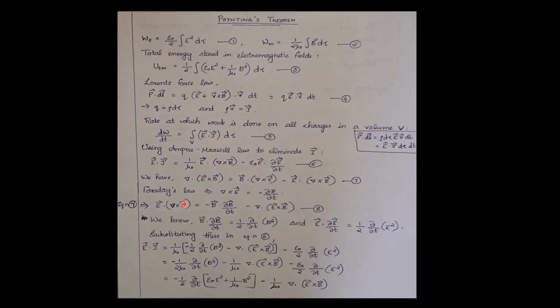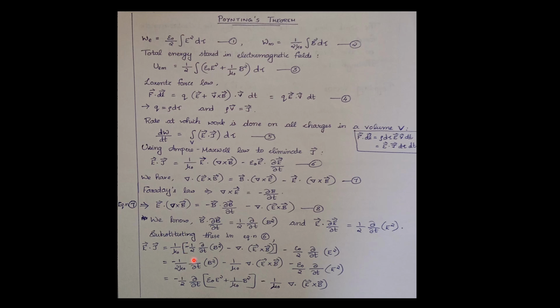So in equation 6, E dot J is equal to 1 by mu 0 times E dot del cross B. What we got for E dot del cross B is half dou by dou t B square minus del dot E cross B. Substituting that here, what remains is epsilon 0 E dot dou E by dou t, and we substitute the equation for that as well.